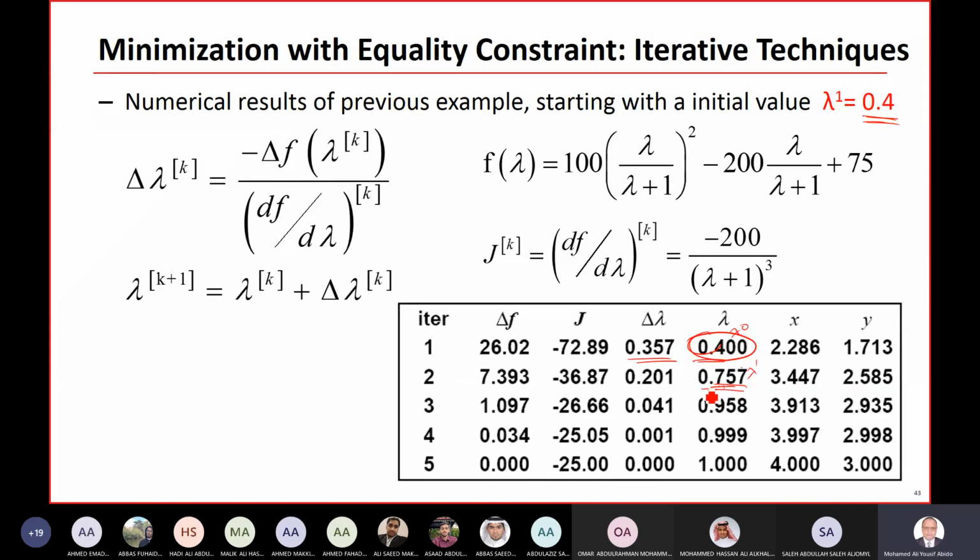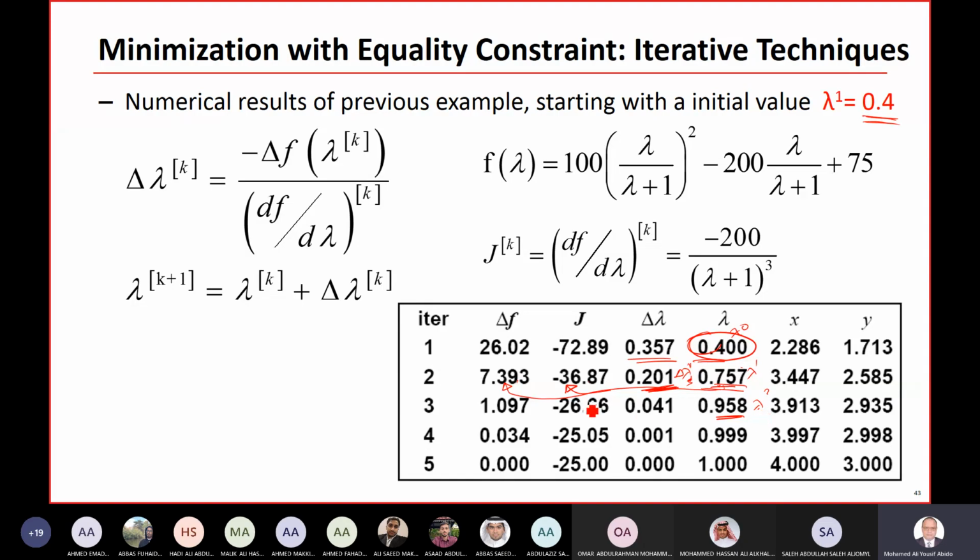With this lambda 1, you go and substitute here to get the function and the derivative. You divide this by this, and you get delta lambda 1. If you add delta lambda 1 to lambda 1, you get lambda 2.